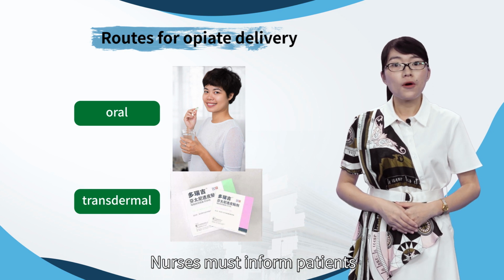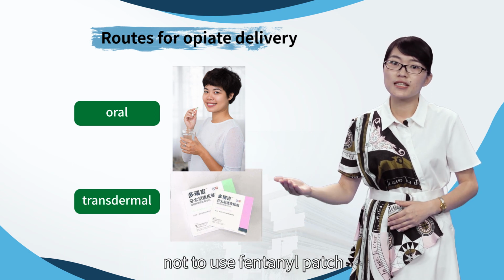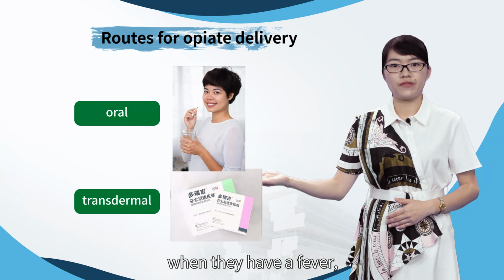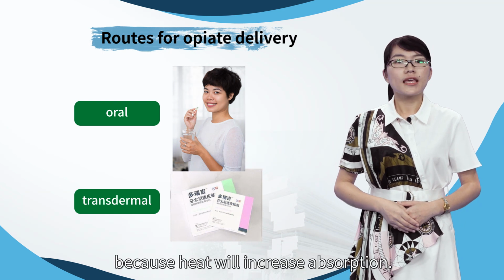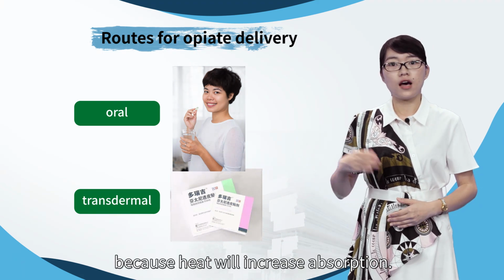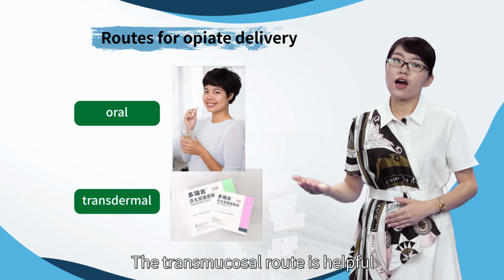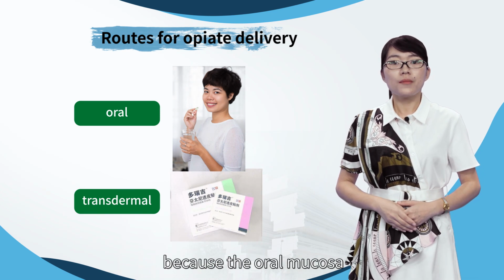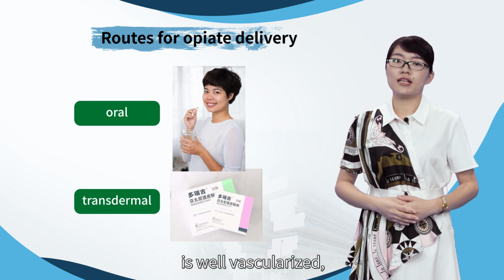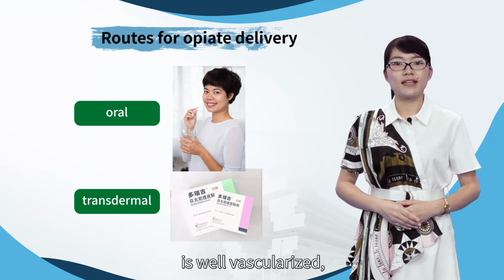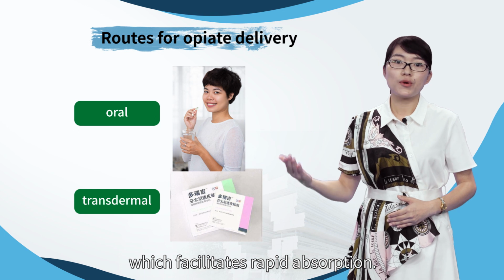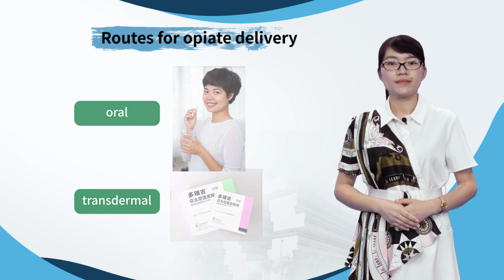Nurses must inform patients not to use fentanyl patch when they have a fever, because heat will increase absorption. The transmucosal route is helpful for breakthrough pain because the oral mucosa is well vascularized, which facilitates rapid absorption.